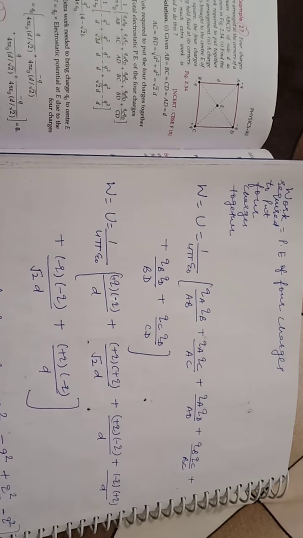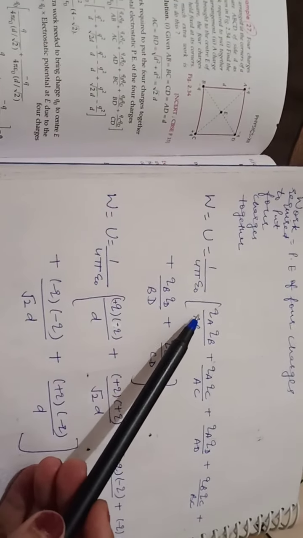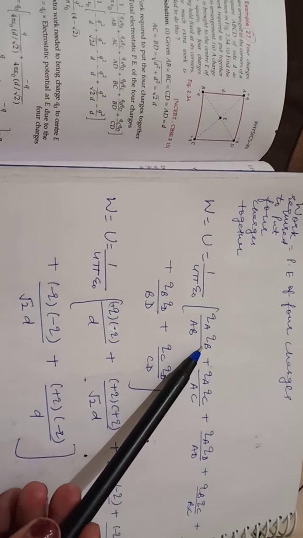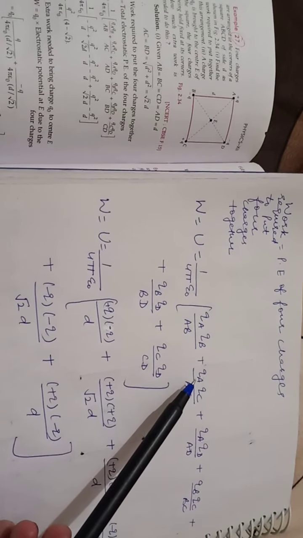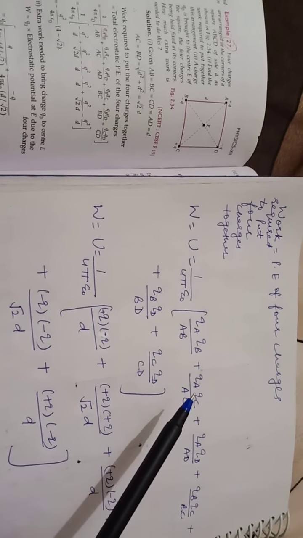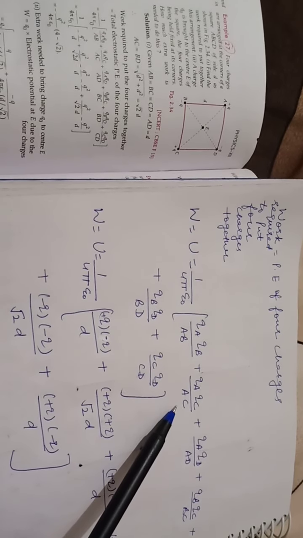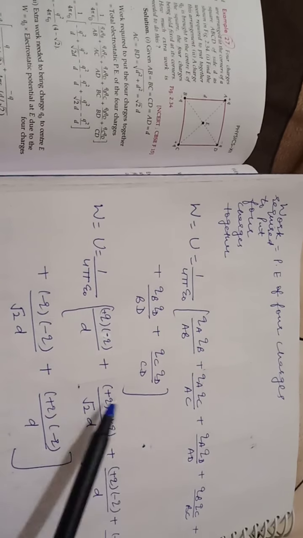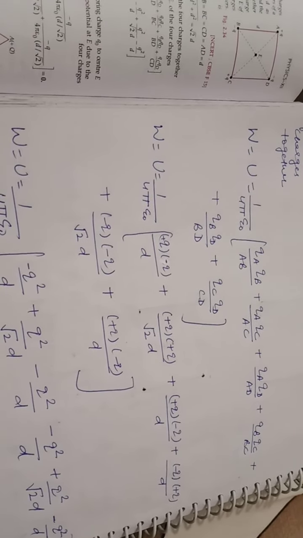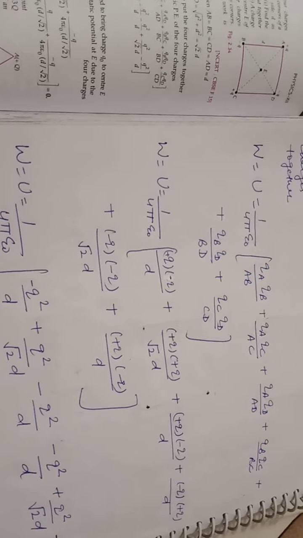As we know, the charge at point A is plus Q, so QA is equal to plus Q, and the charge present at position B is minus Q. Similarly, the charge present at A is plus Q and the charge present at C is plus Q, and AC represents the diagonal of the square, and the value of AC is root 2 D. Similarly, the values of the next terms can be put in the above expression.